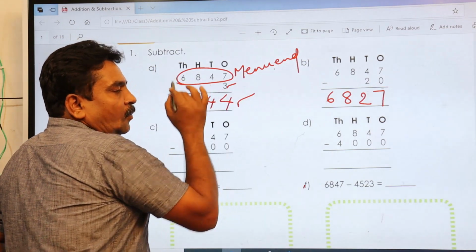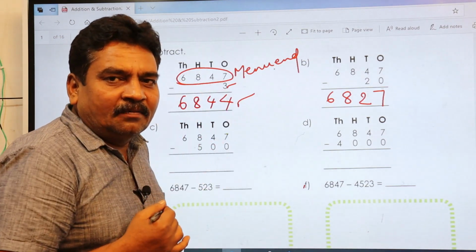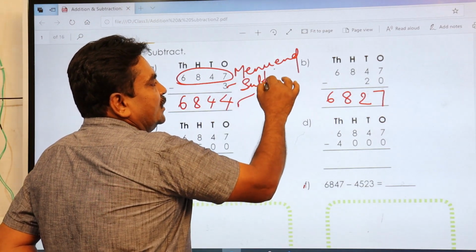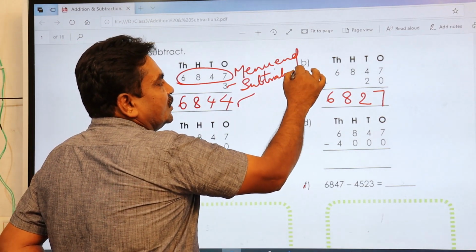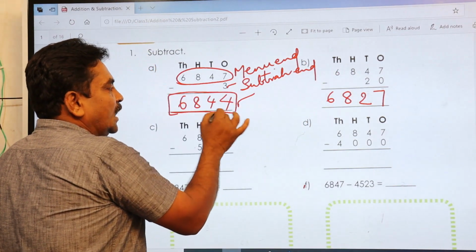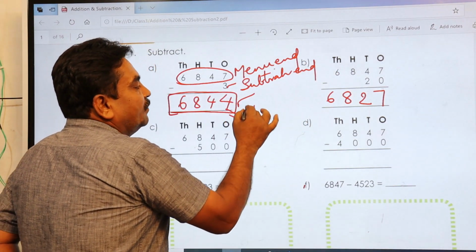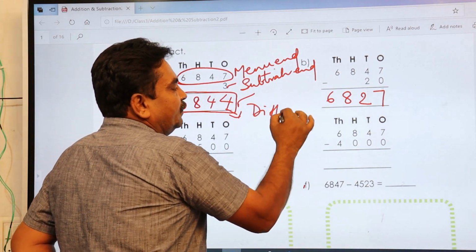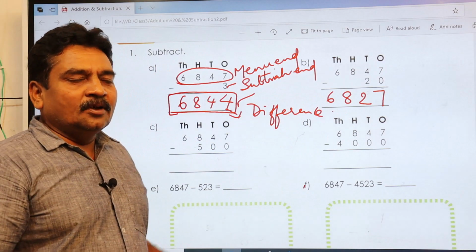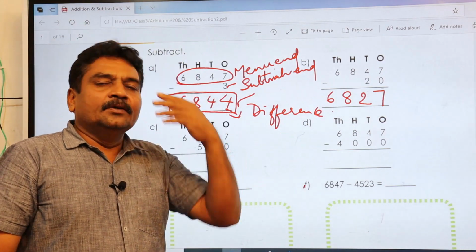And the value you are going to subtract from it, you call it the subtrahend, S-U-B-T-R-A-H-E-N-D. And the answer that you get, you call it the difference, D-I-F-F-E-R-E-N-C-E.